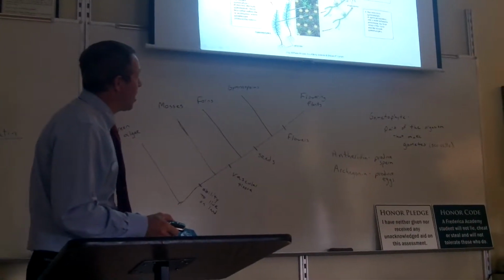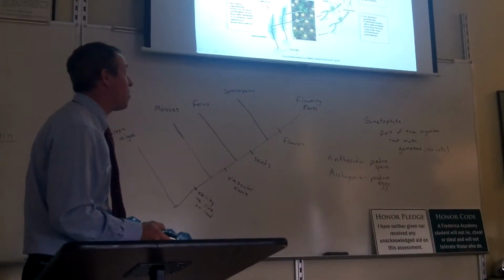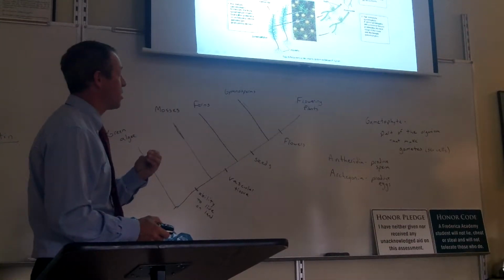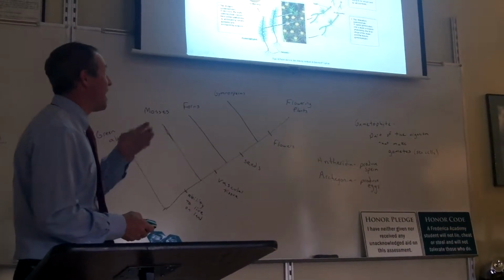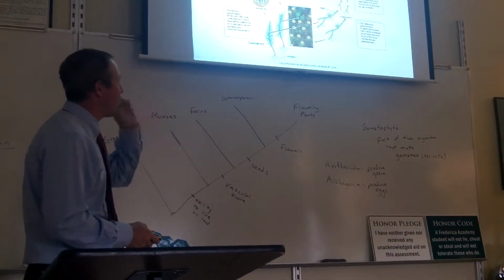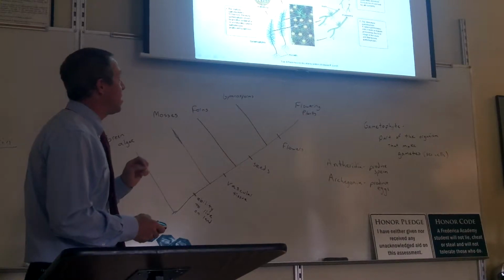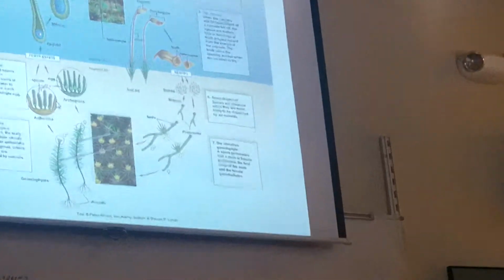They land somewhere and grow this branch that's a haploid. All the cells are haploid, meaning they have one set of chromosomes. And these gametophytes that grow are haploid cells. All the cells in their bodies have one set of chromosomes. And the sperm that are made in the antheridia and the eggs that are made in the archegonia, they all have cells that have one set of chromosomes, not two.